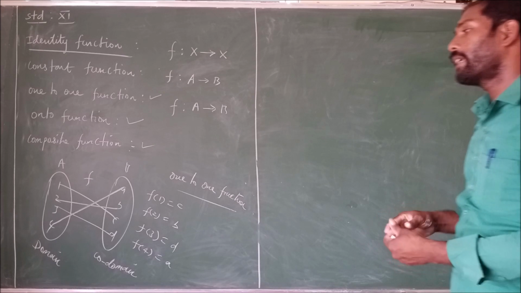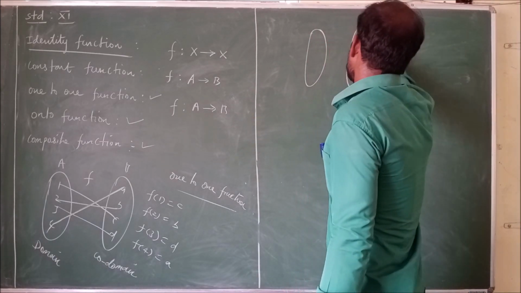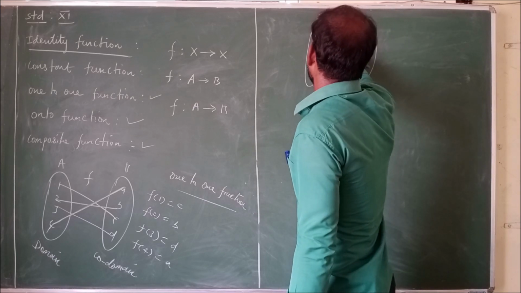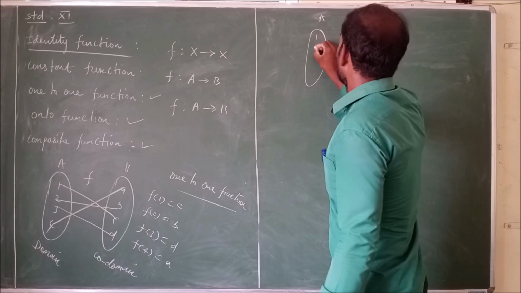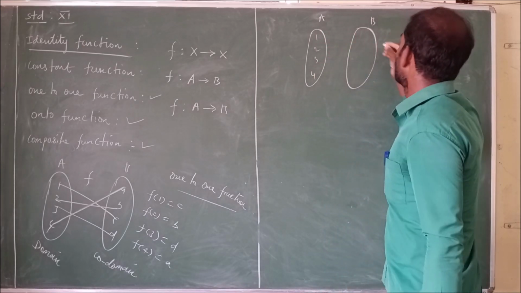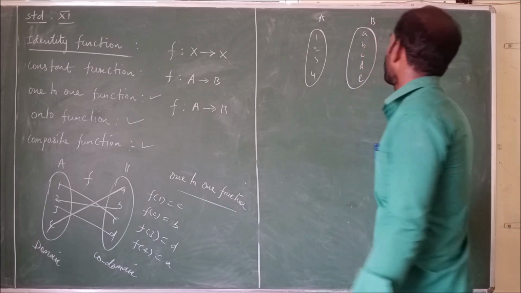One-to-one function means that every element in the domain has only one image in the codomain. A is 1, 2, 3, 4 and B is A, B, C, D, E.